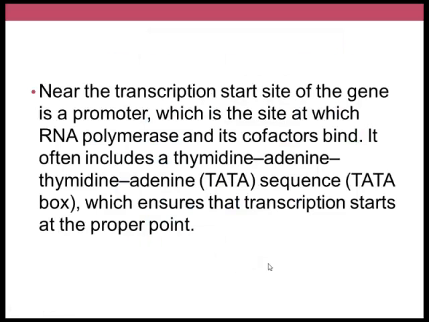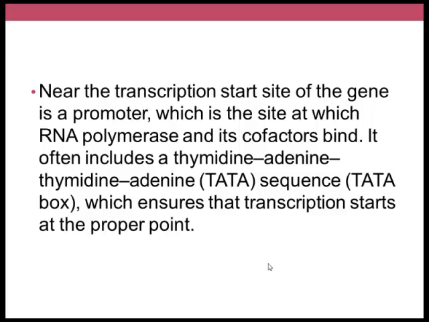Near the transcription start site of the gene, there is a promoter. A promoter is the site at which RNA polymerase and its cofactors bind. So in the gene, there is a transcription site, and near this transcription site, there is another site called a promoter. A promoter is the place where RNA polymerase and its cofactors bind.